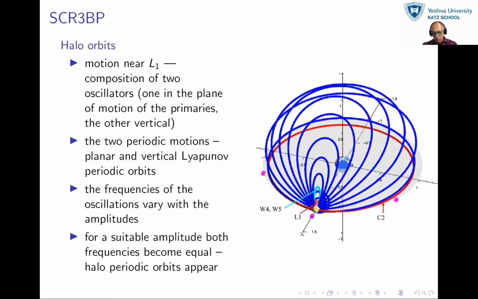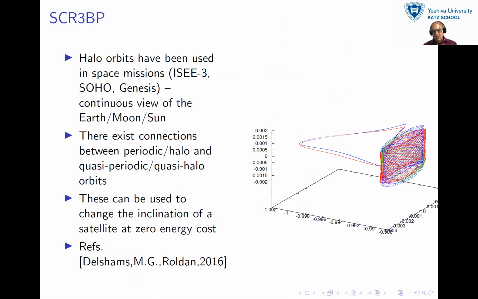I'm going to skip some of the slides. And I'm going to go right here. So you had a green torus and you have a blue torus. And you just use the natural dynamics and the invariant manifolds, the stable and unstable manifolds associated to these tori. Now these are objects that have 3 dimensions as opposed to 2 dimensions.